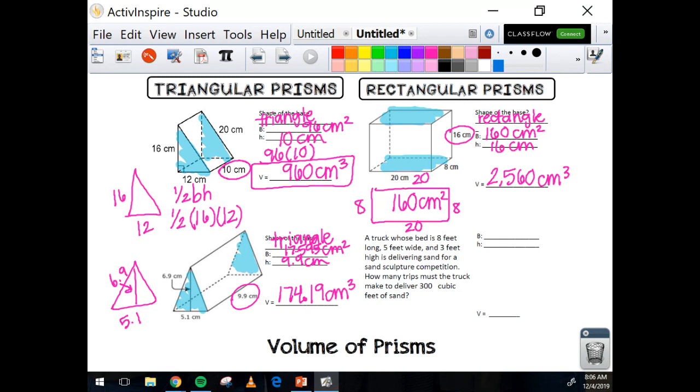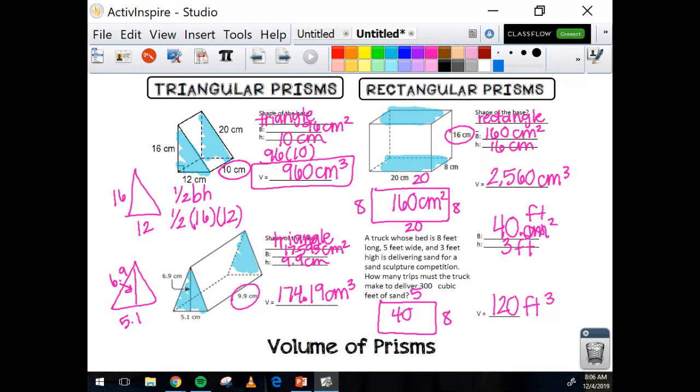So the answer to this one should be 174.19 centimeters cubed. So our volume for this one is 120 feet cubed.